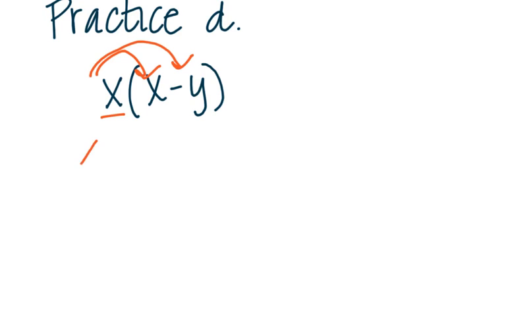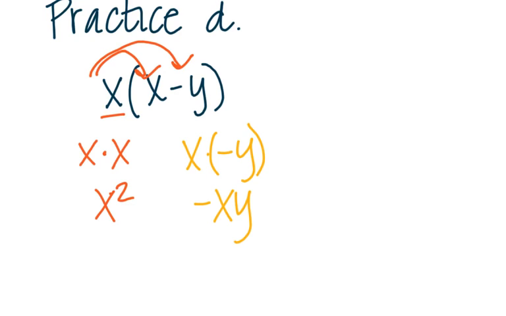So we have an x times an x, and then we have an x times a negative y. Well, x times x is x squared, and an x times a negative y becomes a negative xy. So my answer ends up x squared minus xy.